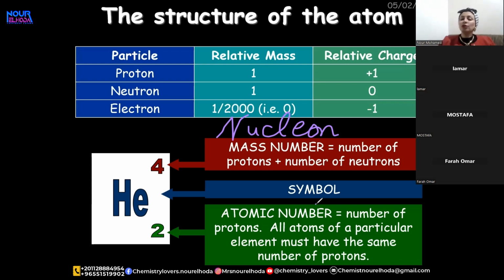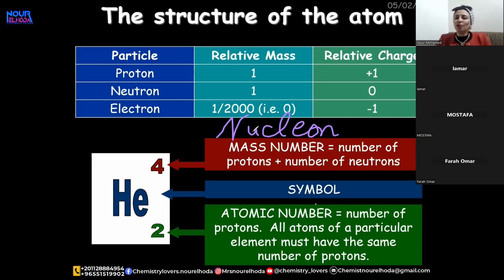Perfect. But what about if I ask you what's meant by atomic number? In the exam, usually when they get this question, the students say it is equal to the number of electrons and the number of protons. Sorry, this is wrong. Atomic number is equal to the number of protons in the nucleus of the atom.